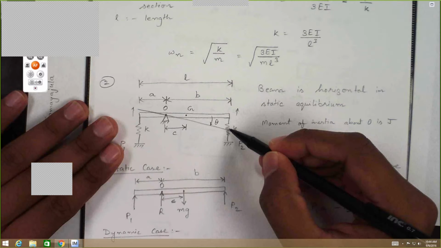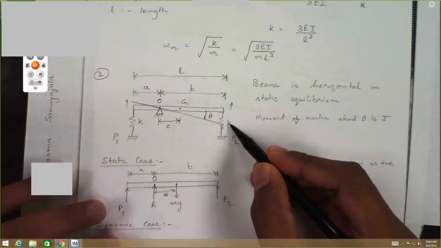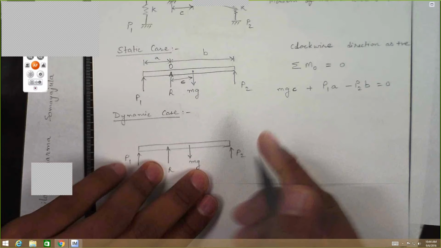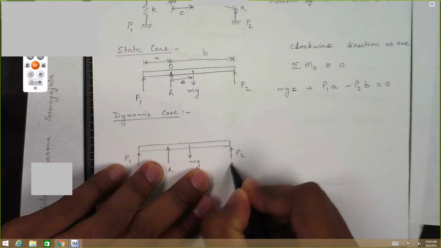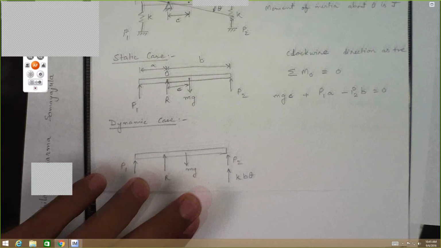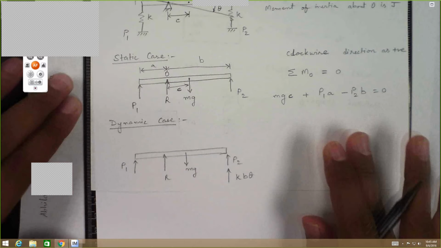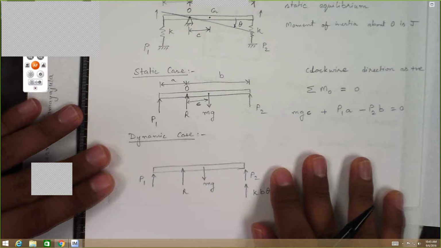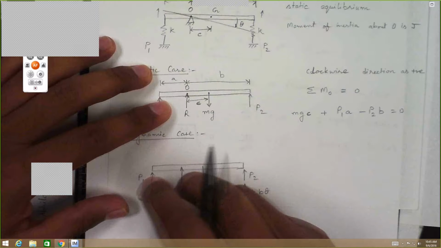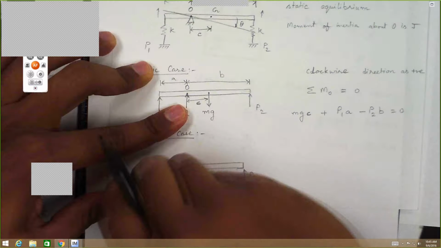So B times theta times K will be the additional dynamic force you'll see at the corner here: K times B times theta. On the left side, you'll also see another spring force, but in the opposite direction.